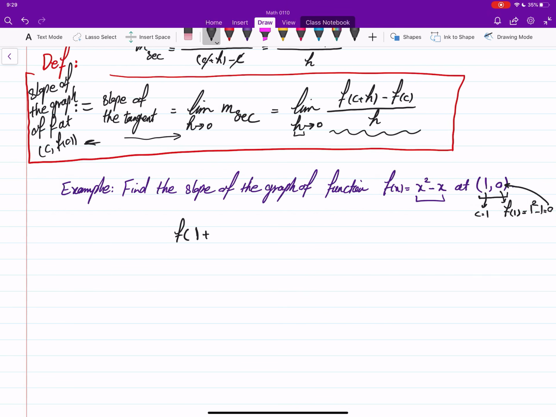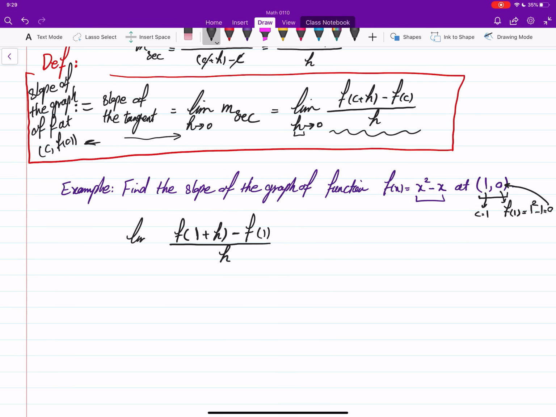So this is f of 1 plus h minus f of 1 over h. We have to find this ratio and then find the limit of that.